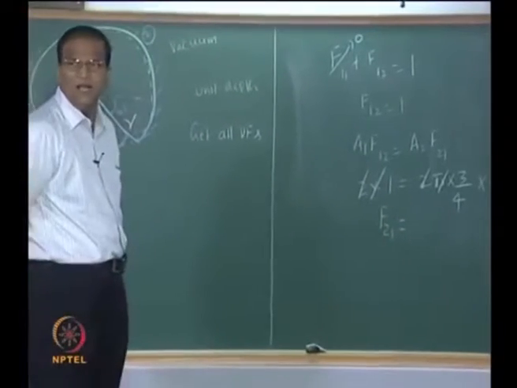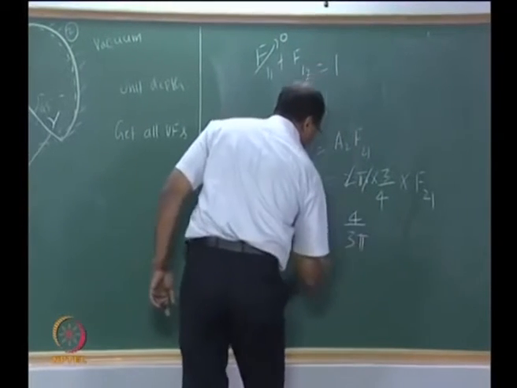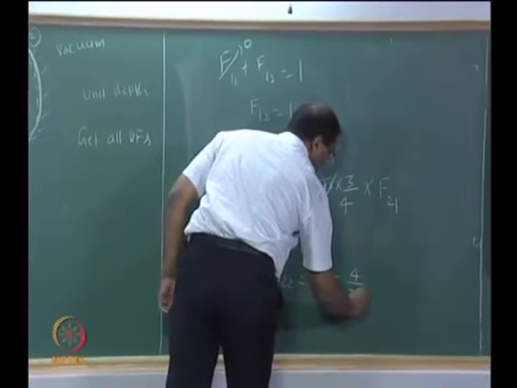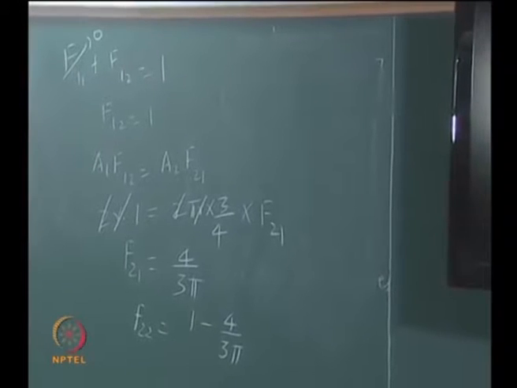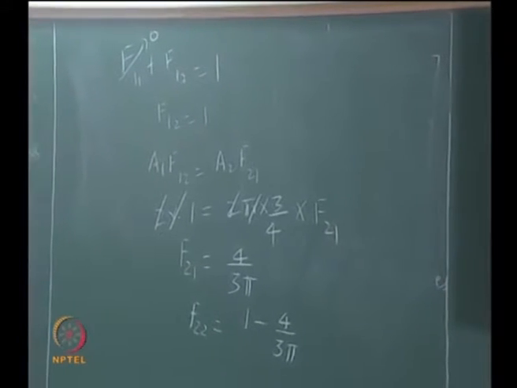Four by 3 pi. You can substitute for pi 3.14 and simplify.